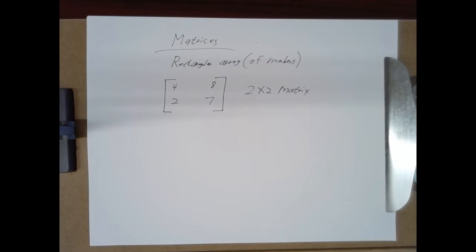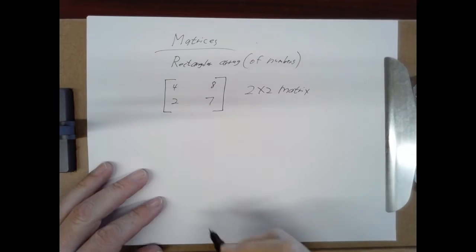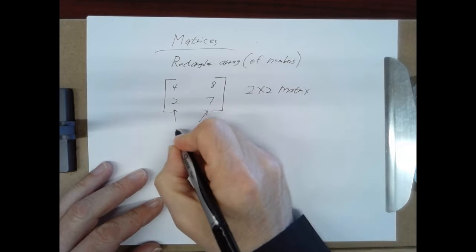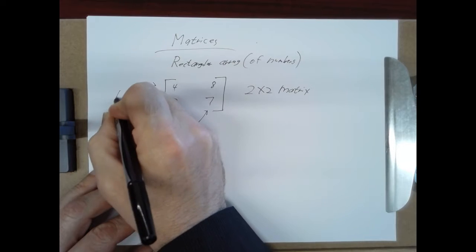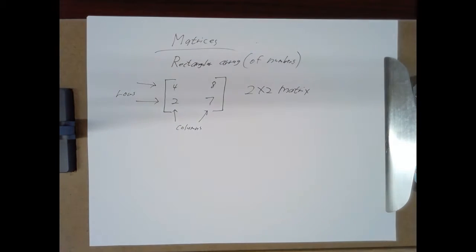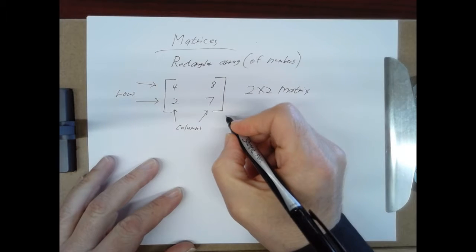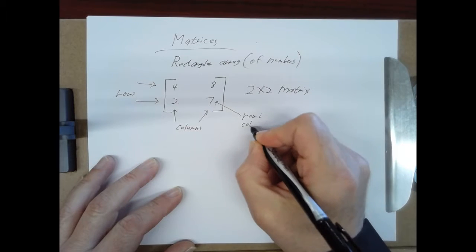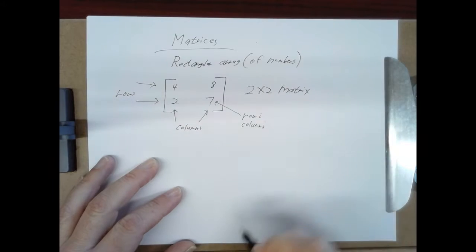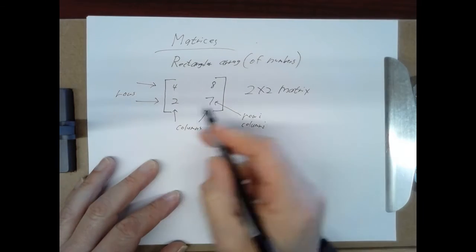And I'm using integers because I'm lazy, but they're usually real numbers. And so these are columns, and these are rows. And that's really important terminology because we're going to talk about columns and rows throughout this. So if this is row i and column j, in this case it's the second row and the second column.